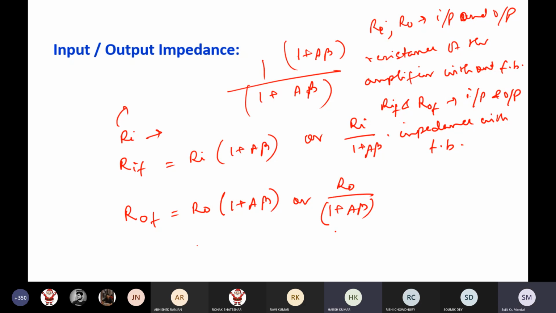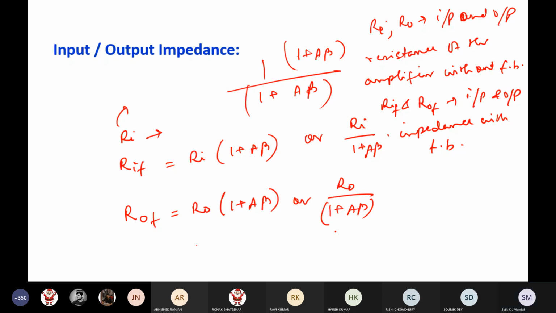Then only the gain increases. Good. That means for an ideal voltage amplifier, the input impedance should be infinite, output impedance should be 0. Practically, input impedance should be very high, and output impedance is low. Ideally, it is infinite and 0.